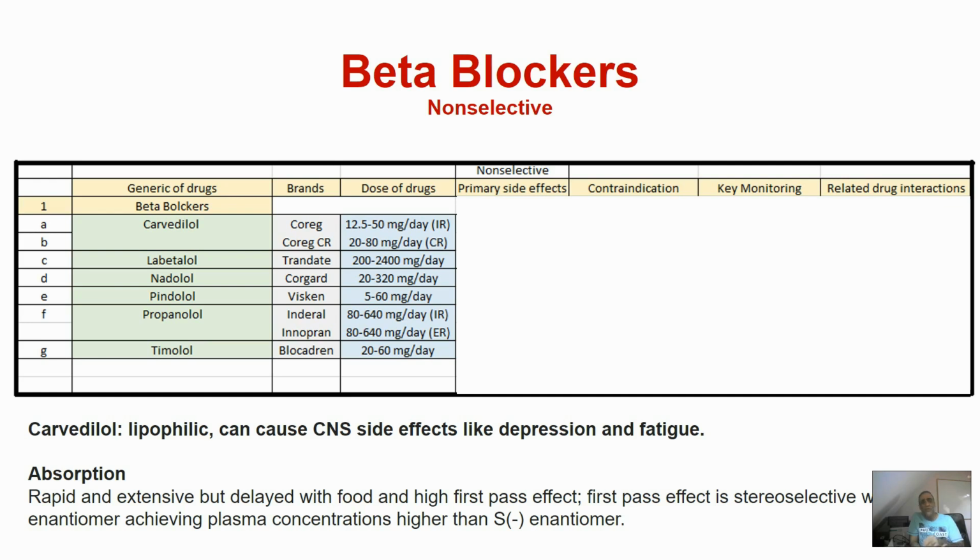Because it is lipophilic, with food the absorption can be affected, and it has a high first pass effect, because it has two stereoselective types, with the R positive enantiomer having a higher plasma concentration than the S negative enantiomer. As you know, in organic chemistry we have two types of enantiomers, R and S.